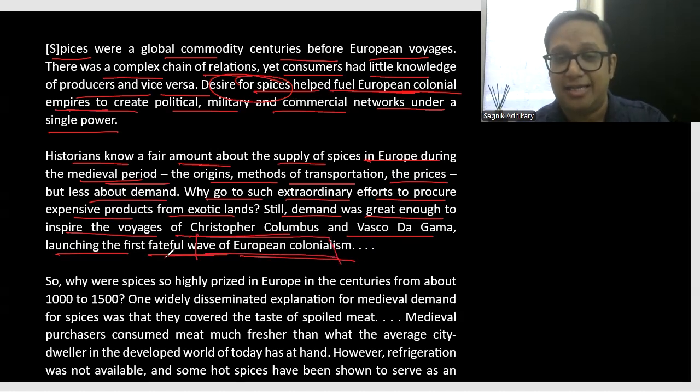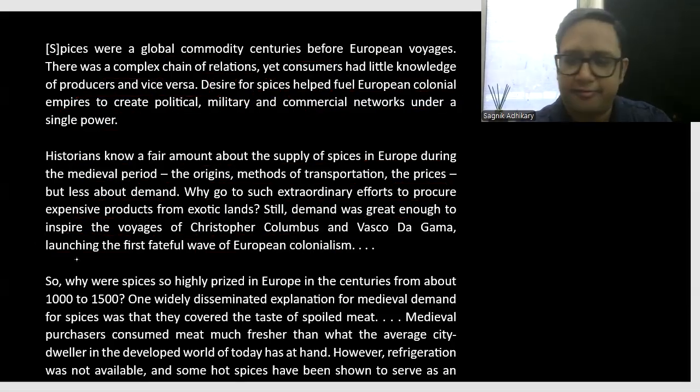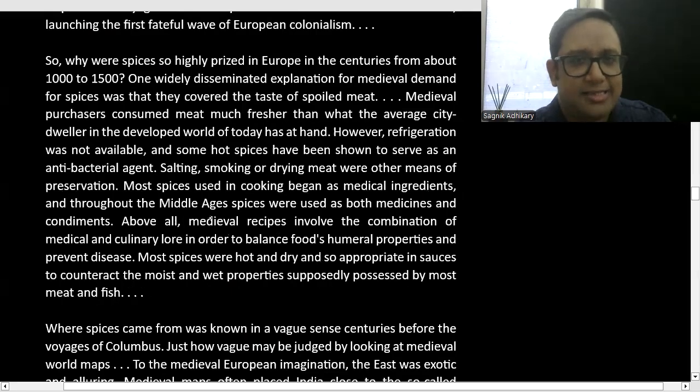Once again, we tally that same idea: the first wave of European colonialism was inspired by the demand for spices. The third paragraph then explains this demand, why there was such a demand, or at least tries to explain.